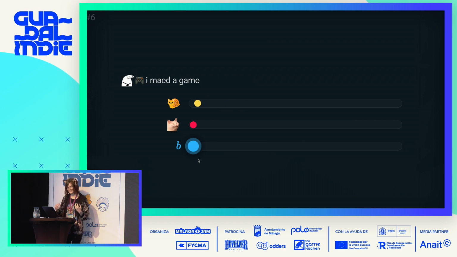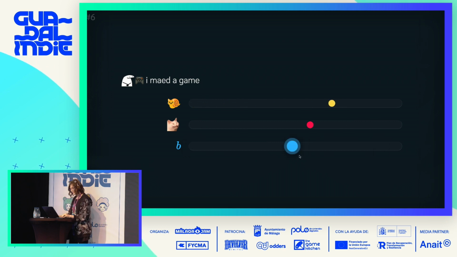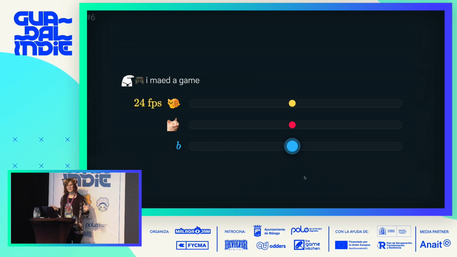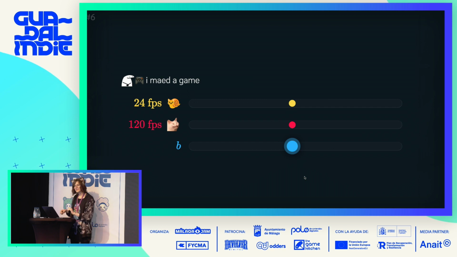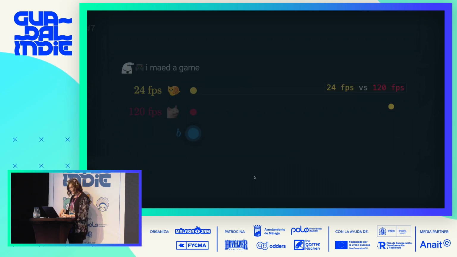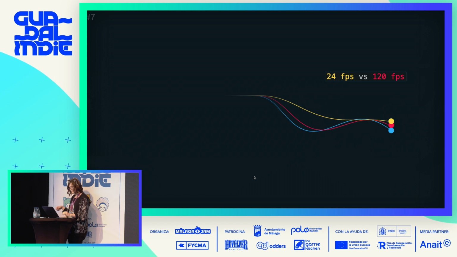There's some discrepancy here. And so the reason for this is because your first friend is running at a cinematic 24 frames per second. And your second friend is running at 120 frames per second. And so that's why they get these hugely disparate outcomes in behavior. So here's another example. This is the same thing.